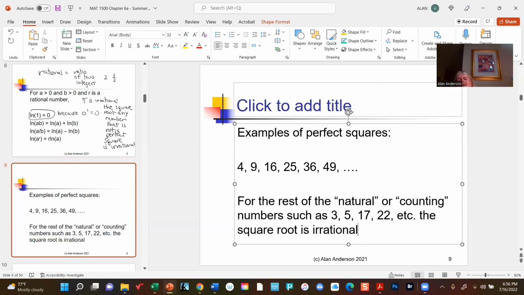Okay, so in other words, the only square roots that are rational are the ones where the number itself is a perfect square because the result is an integer. For all the rest, the square root is irrational.